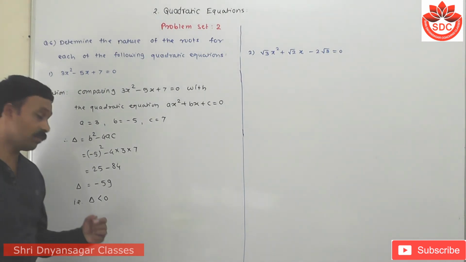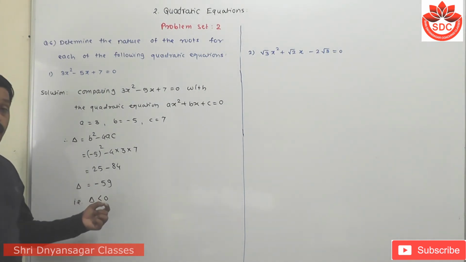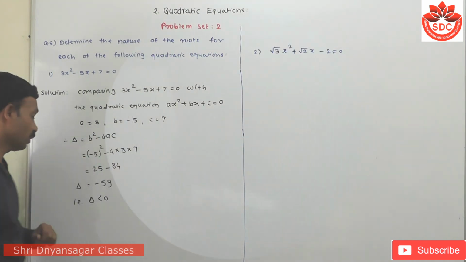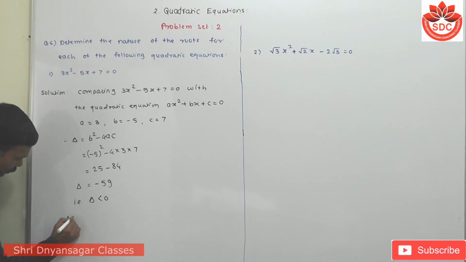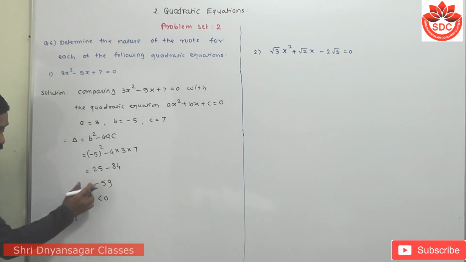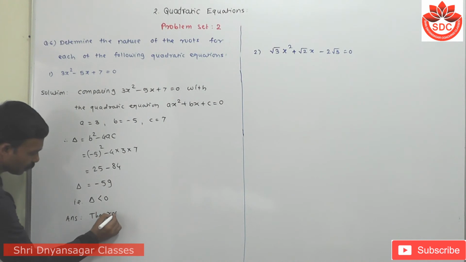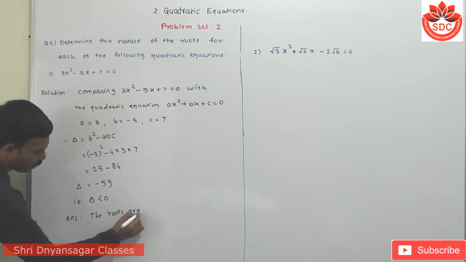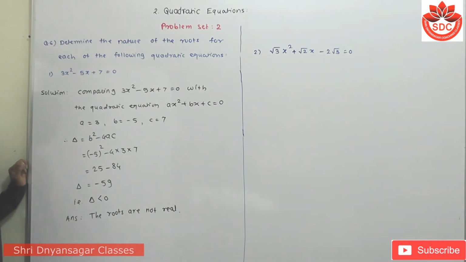All of you know that if delta is less than 0, the equation has no real roots. Then the answer in full sentence: here delta is less than 0, meaning delta is negative. Therefore, the roots are not real. Can you understand this? Then see the next question.